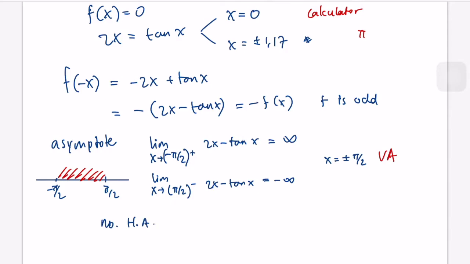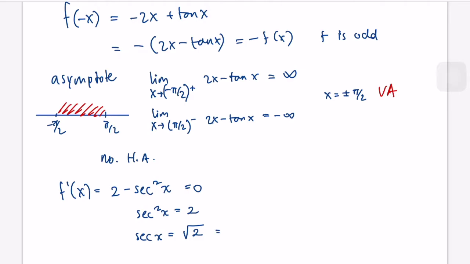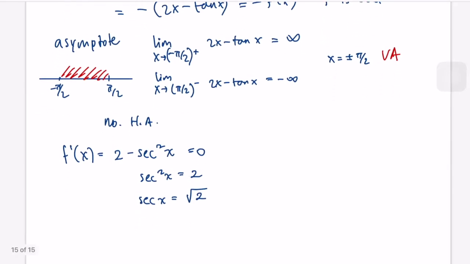and then there will be no horizontal asymptote. And then f prime of x will be 2 minus secant squared x. If we are going to check the critical number, it is when secant squared x is equal to 2, so secant x is square root of 2, or this will be 1 over cos.